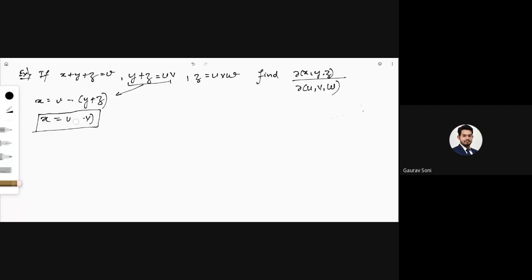That would be much better for taking the derivative. Then y is equal to uv minus z. Now the value of z from the third one is uv minus uvw.